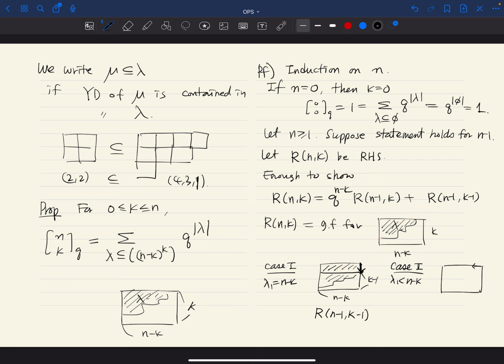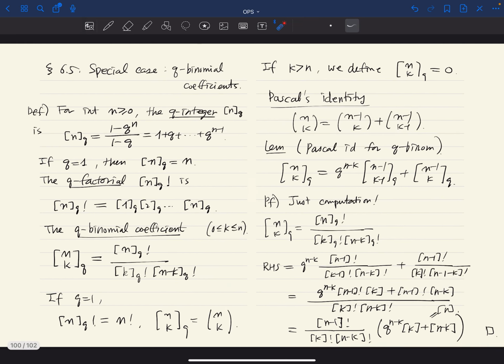But is that right? It's possible, yeah, the recurrence is false. Let's see. It's possible that I made a mistake, but this proof looked okay, right? Where was the mistake?